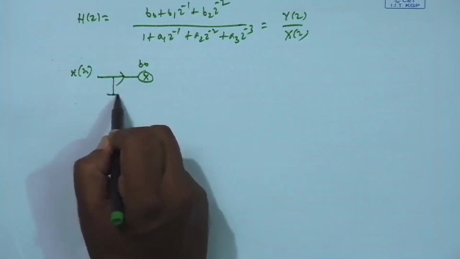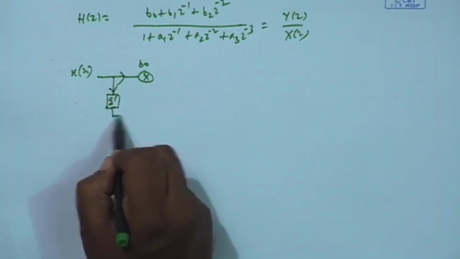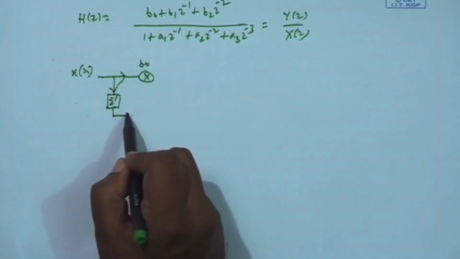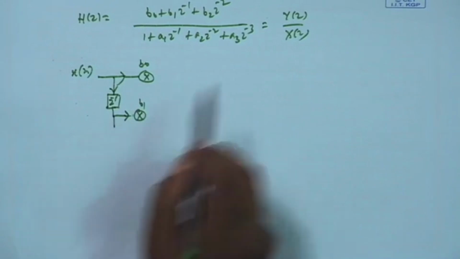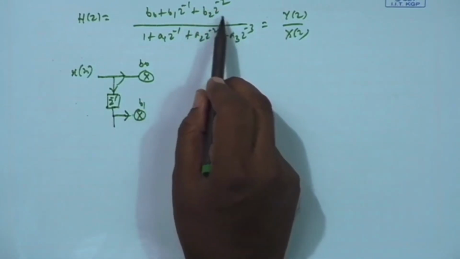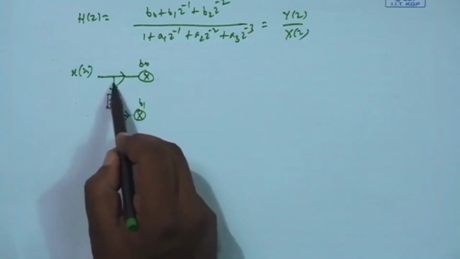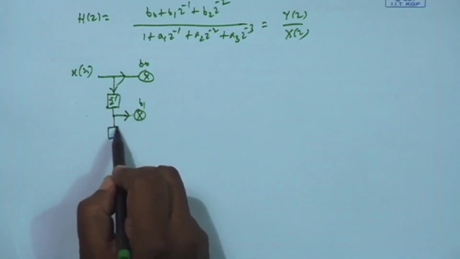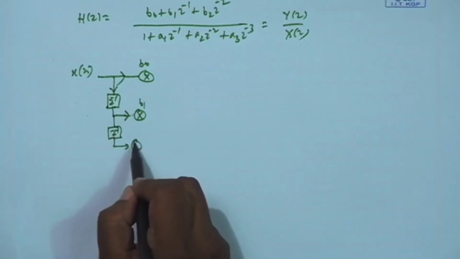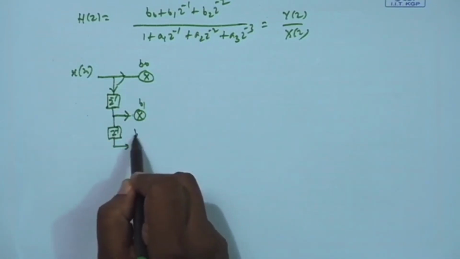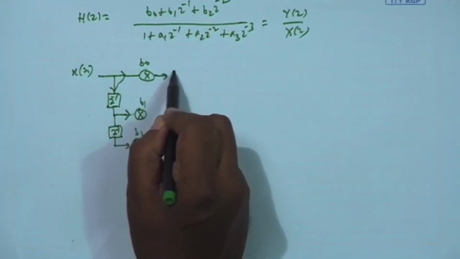So, suppose it is delayed, and after that multiply by B1. Then X(z) B2 Z inverse 2. Z inverse 2 X(z) means in time domain x n minus 2. Already I have x n minus 1. So, one more delay, and then multiplied by B2, and they have to be added, this plus and this plus. So, they get added.